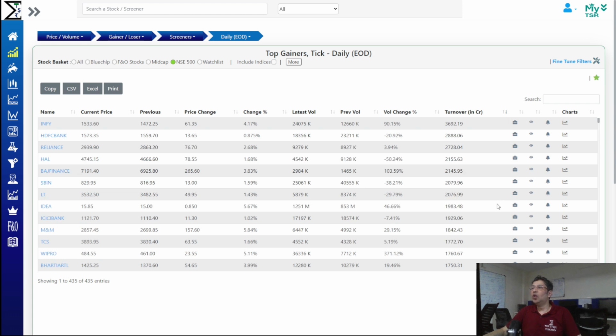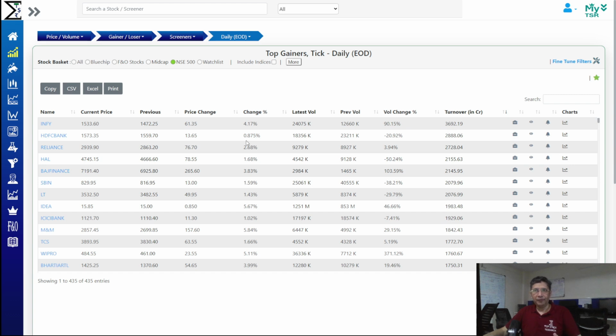If you go with turnover, the maximum turnover on the last business day was on Infosys, and it grew by about 4.17%. The turnover was about 3.6 thousand crores. The next stock, even though turnover was very high, had a percentage change of only 0.87.